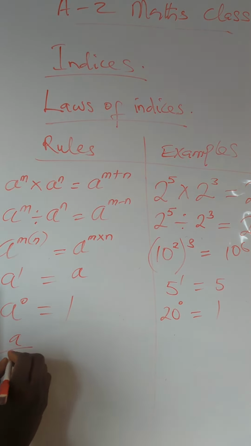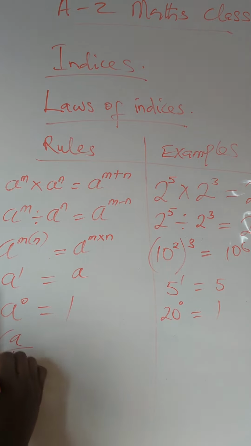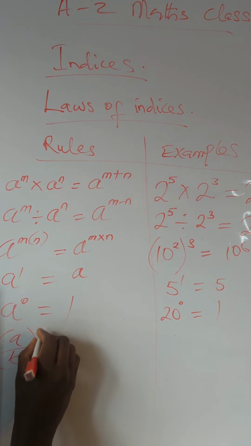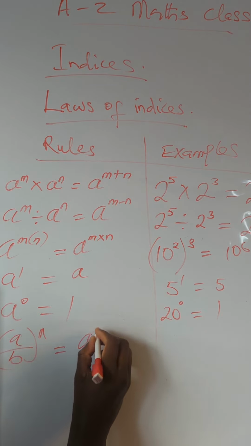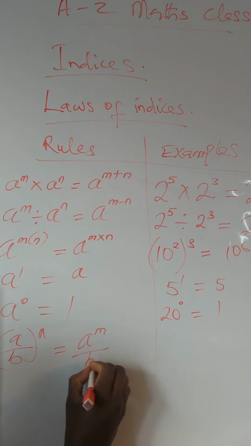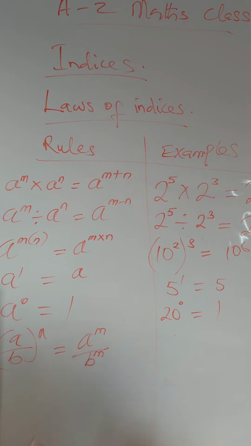Another one is a over b, all raised to power m, which is still the same thing as a raised to power m over b raised to power m. This is just simple mathematics. Indices is so simple to understand.